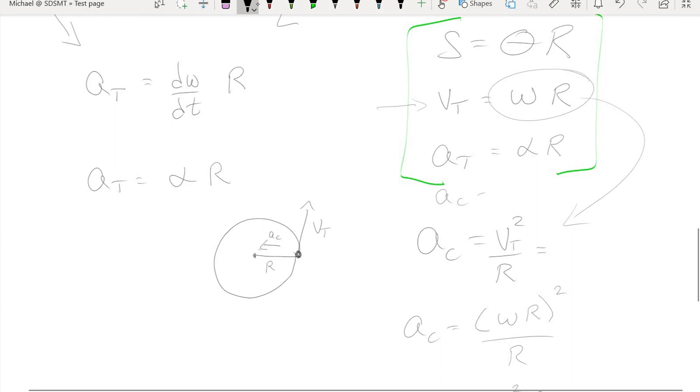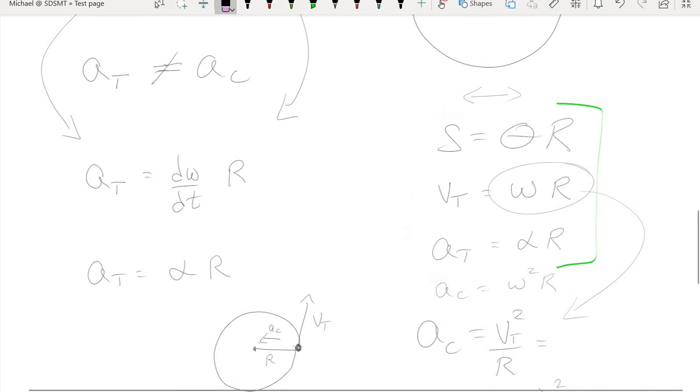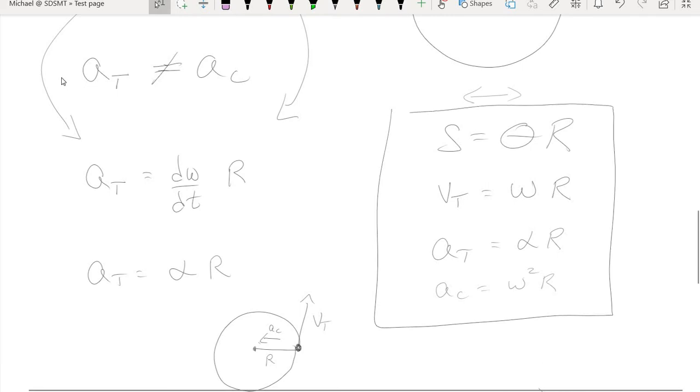And I'll sneak that in with all the other terms that we have up here. And this is what the automotive industry is going to use to help figure out how fast your car is traveling when it goes down the road, based off of how fast the tires are spinning.